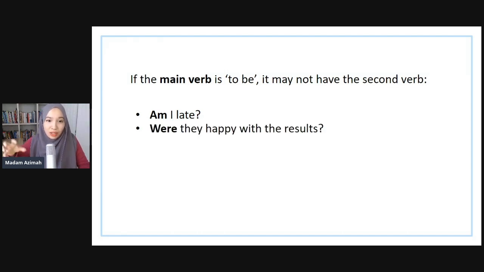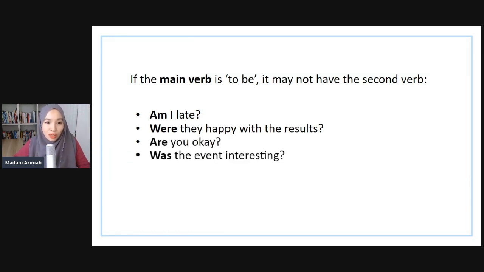So were functions as the main verb. Were they is happy with the results? Wrong, because there's a second verb there. Are you okay? Simple. Was the event interesting? So you don't say, was the event does interesting, or was the event is interesting. Wrong, because there are two verbs there. So if we're using the to be verb as the main verb, you don't have to have a second verb. Are you guys with me? I hope you are.